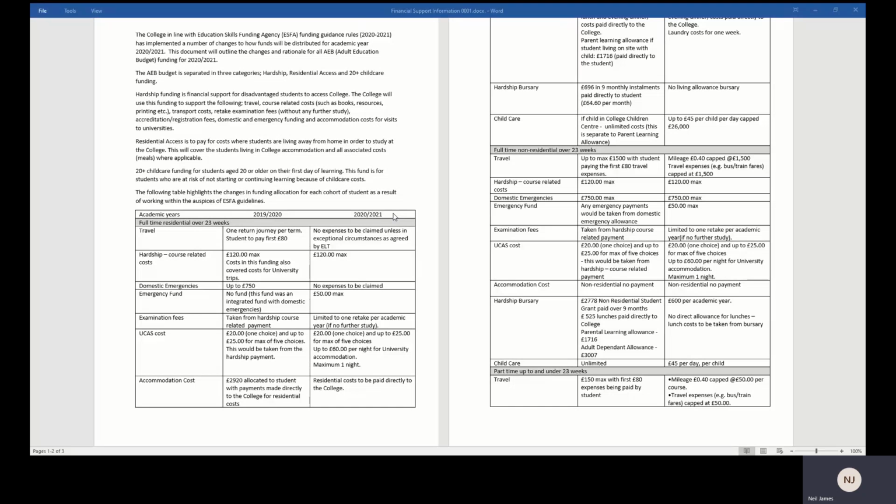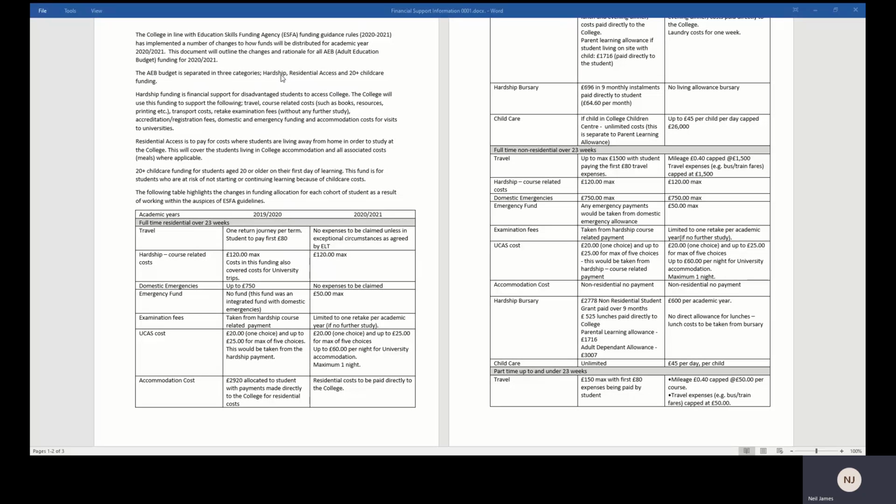So going back to what we used to do and what we're going to do now, back to the document that's in front of you. The AEB funding we would separate into, as I said, three areas of payment, which is hardship payments, residential access, and childcare funding.